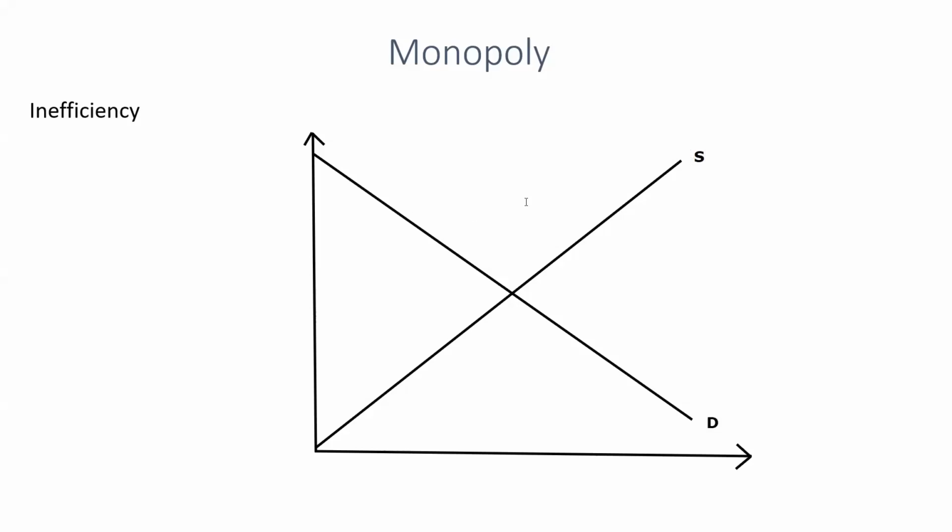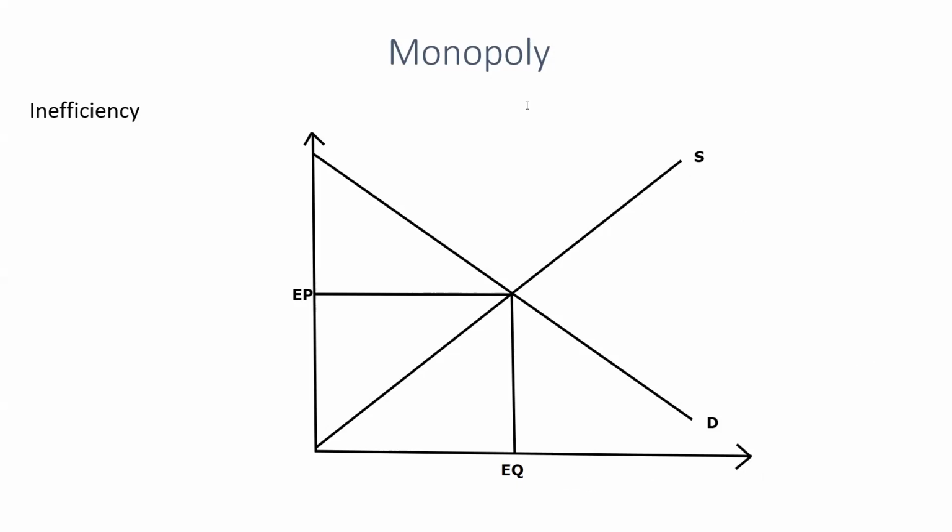Now if this was a market for perfect competition, tell me what would the equilibrium quantity and equilibrium price be? It would be this point, isn't it? So from this point, we would get an equilibrium price and an equilibrium quantity, correct? So this is if we are looking at the market for perfect competition.